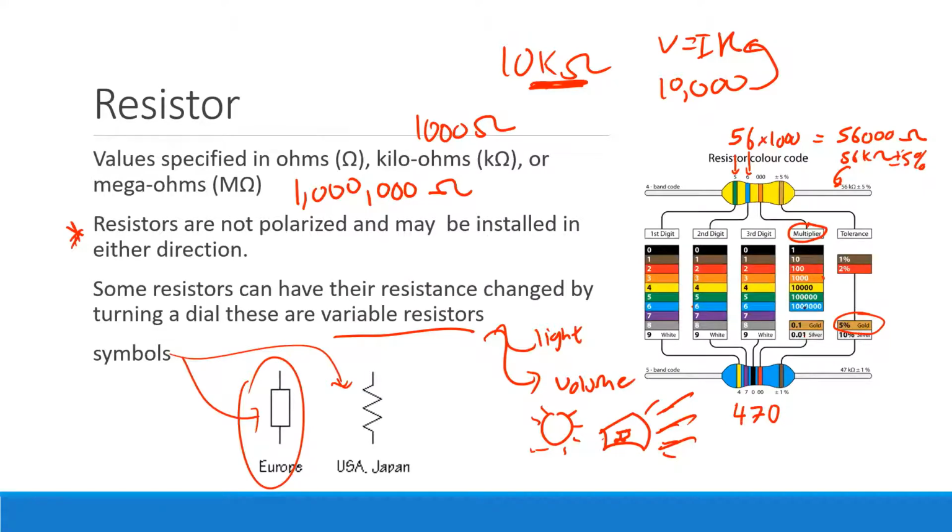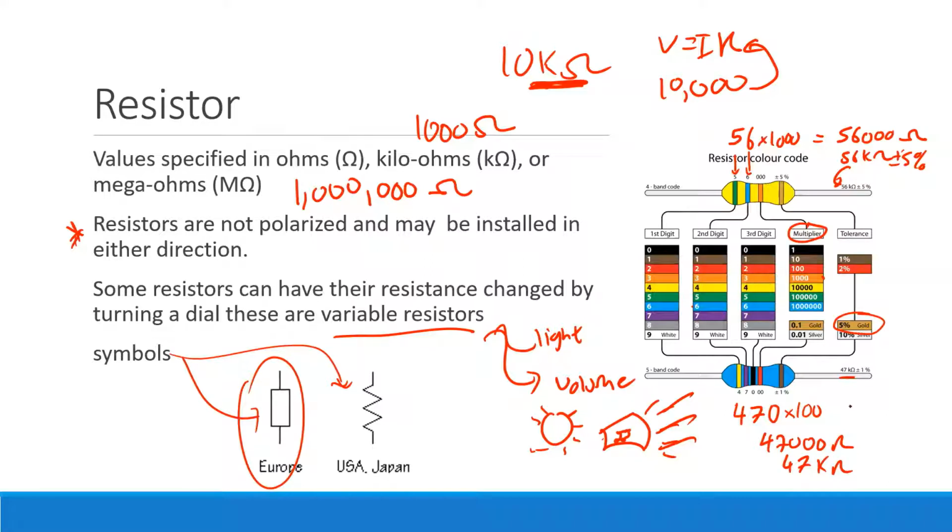So red would be 100. So that's going to be 47,000 ohms, or 47 kilo ohms.